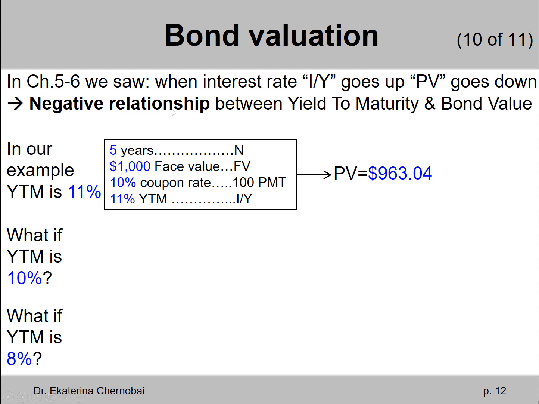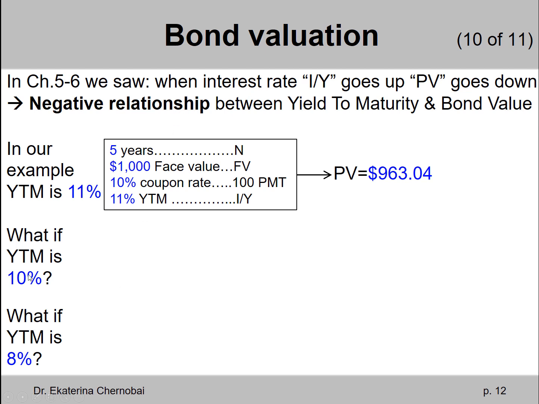And it remains true when we talk about bonds. Why would it be any different? It's the same. IY, the interest rate, is called yield to maturity, and the present value in the context of bonds is the bond value, what we just did. So there is again a negative relationship between the yield to maturity and the bond value.